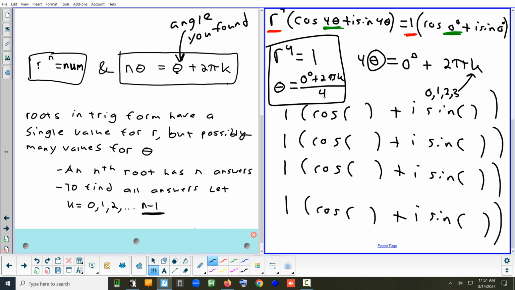And let k be 0, 1, 2, and then stop at 3. And that's how you get your 4 answers. Now you could do 360k, which might be easier. In this one, it's 0, so 0 radians, 0 degrees is the same thing. I'm going to put 360 above it. Let's do it in degrees this time and get our angles.